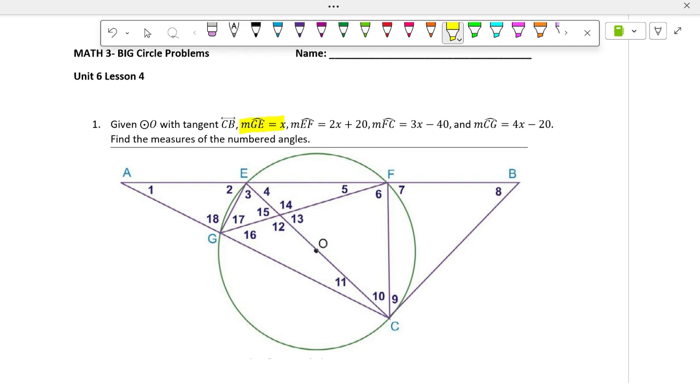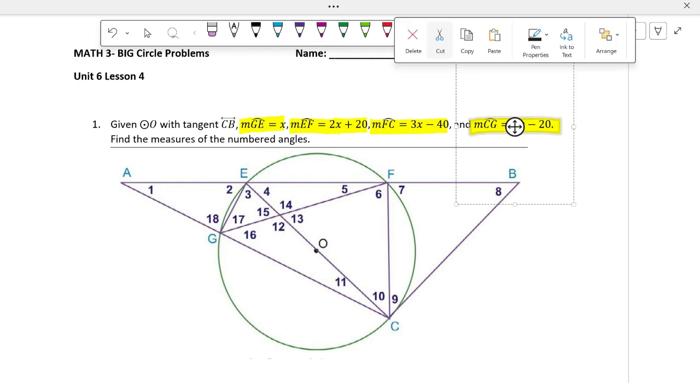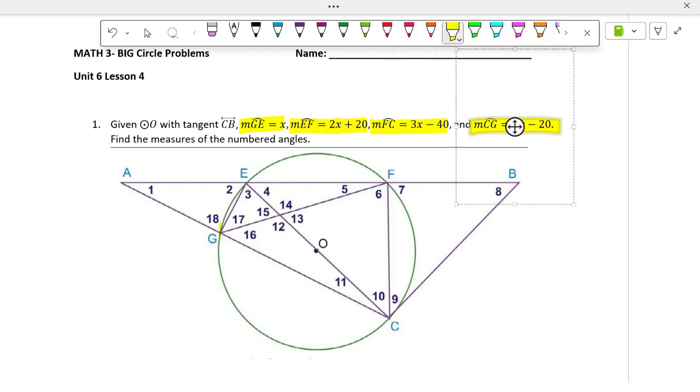So arc GE is x, EF is 2x plus 20, FC is 3x minus 40, and CG is 4x minus 20. So if I go around and mark these, GE is right here. We're going to call that x.